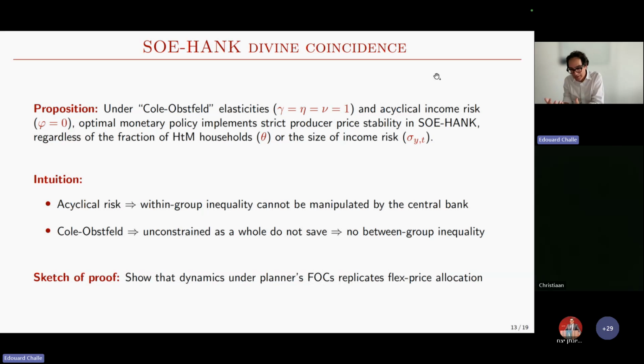They choose to consume national income. So in that configuration, there are no between-group inequalities. Okay? So under the conditions of the proposition, there are neither within-group inequalities that the central bank could affect nor between-group inequalities that the central bank could affect. All right? In that case, the SOE-HANK divine coincidence holds.